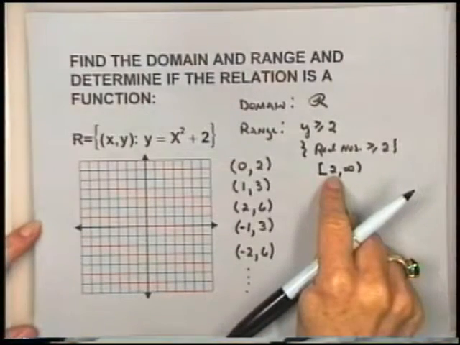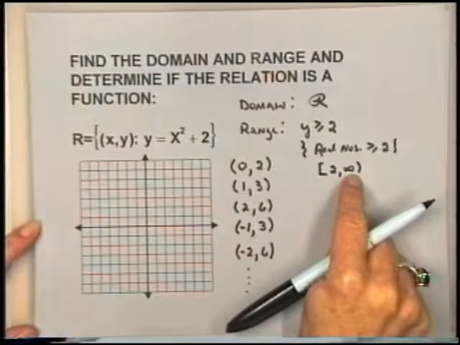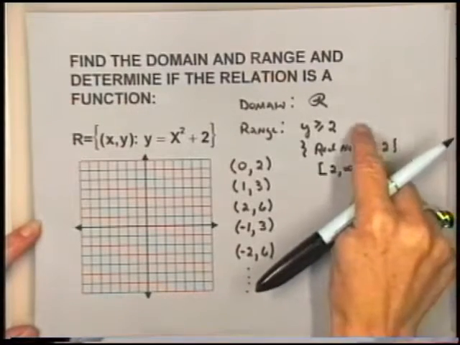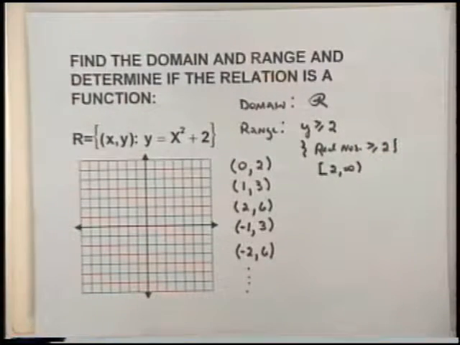This means with the bracket that 2 is included in the set, and we go from the number 2 to positive infinity. That symbol means that we go on and on and on without ever stopping. Any of these three notations would be a correct way to write the range of this relation.